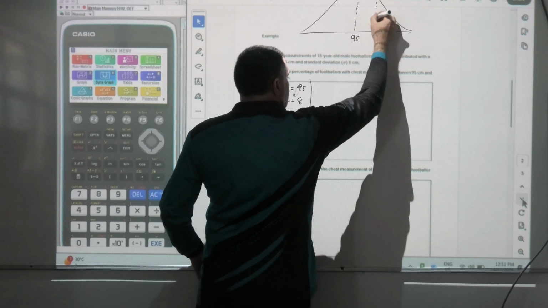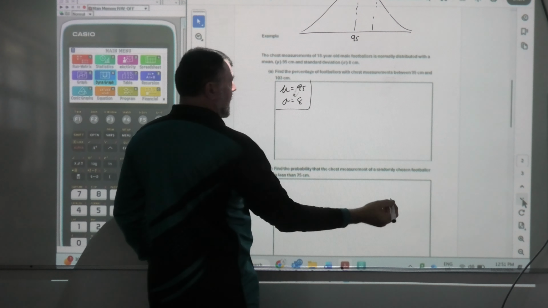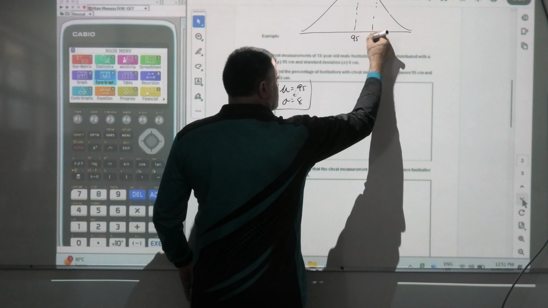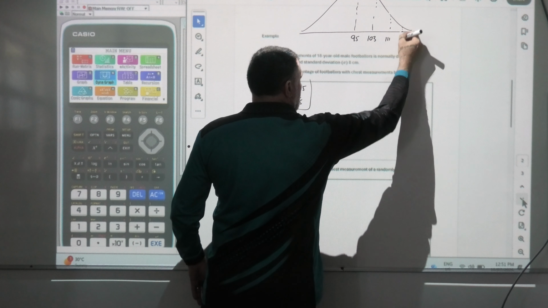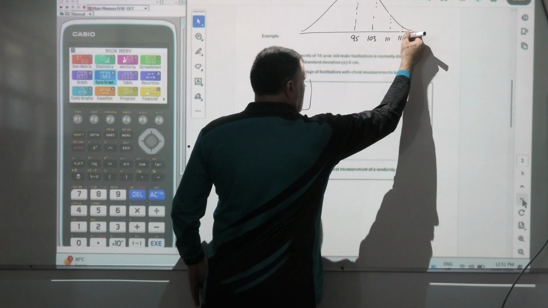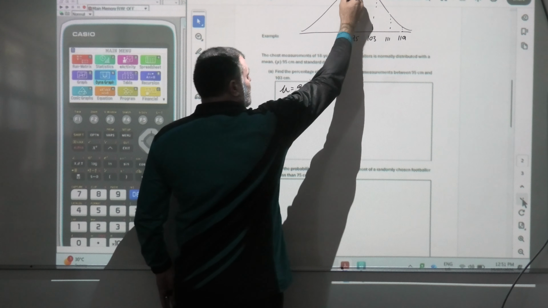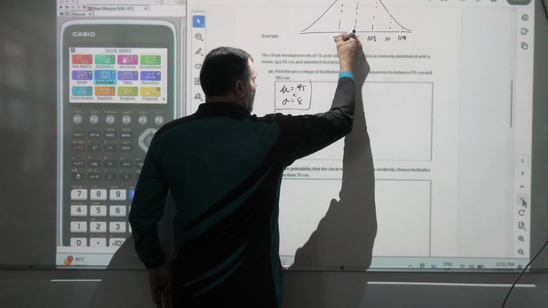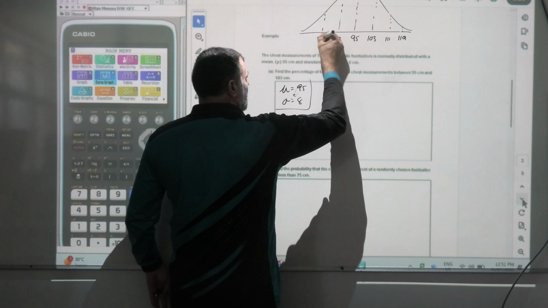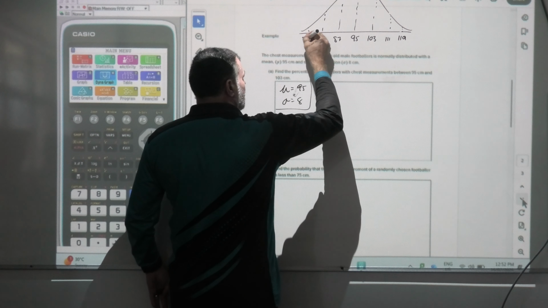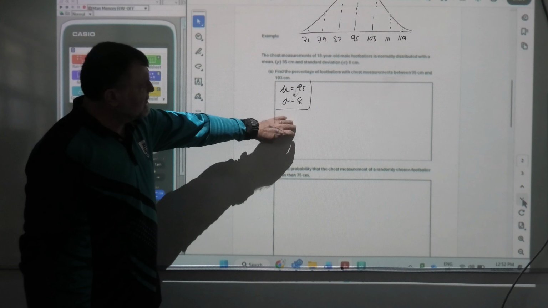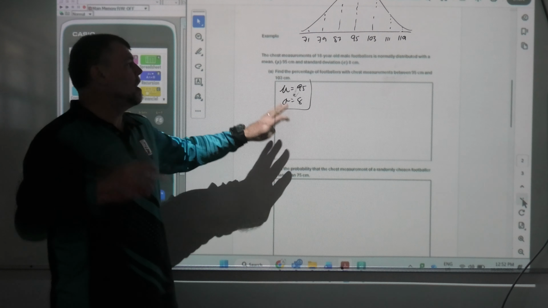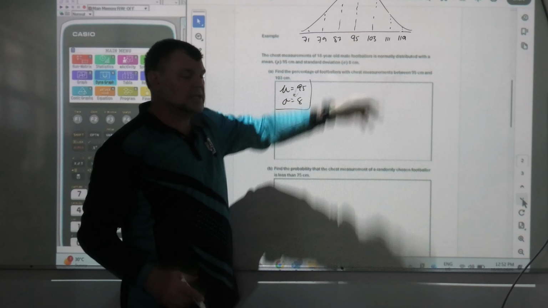And then if we add 8 to that, we would get 103, add another 8, 111, and another 8, 119. If we take 8 away, we get 87, 79, and 71. Now, whenever you're doing these calculations, it's good to have in the back of your mind how this works in terms of percentages.